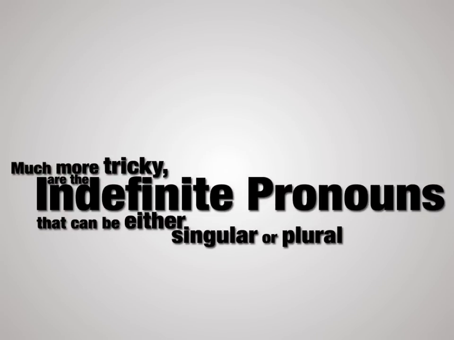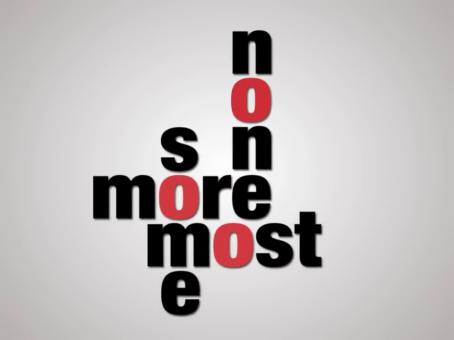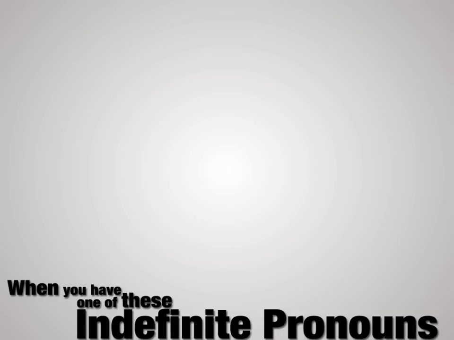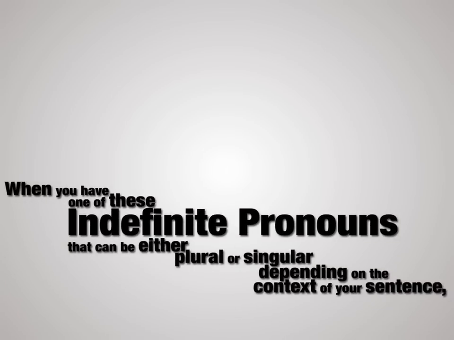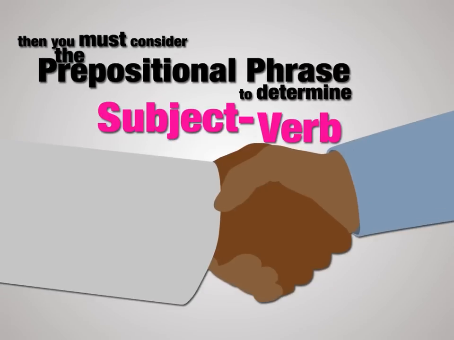Much more tricky, however, are the indefinite pronouns that can be either singular or plural, such as none, some, more, and most. When you have one of these indefinite pronouns that can be either plural or singular, depending on the context of your sentence, then you must consider the prepositional phrase to determine subject-verb agreement.